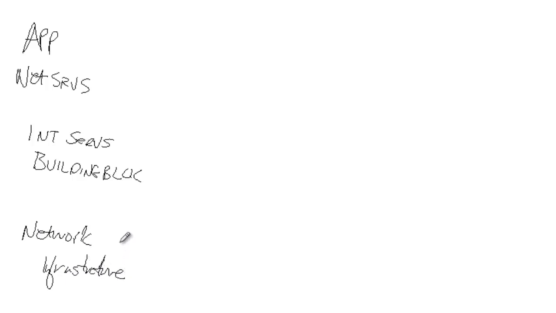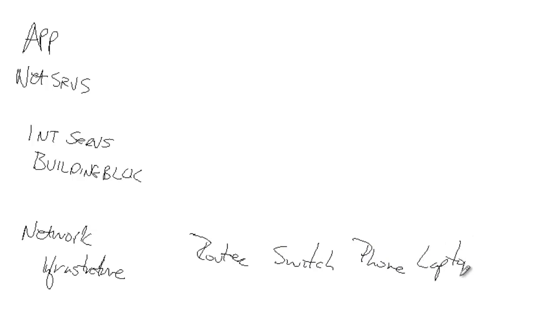The network infrastructure layer is made up of our network devices such as routers and switches, but also other well-known devices such as phones and endpoints such as laptops or even video equipment. So that's the network infrastructure layer.